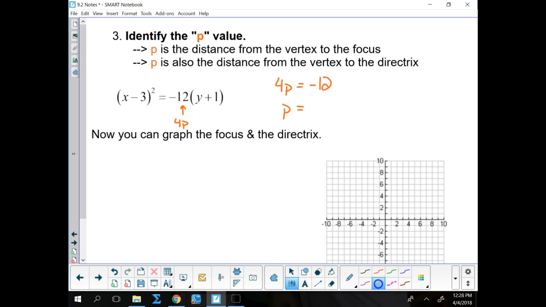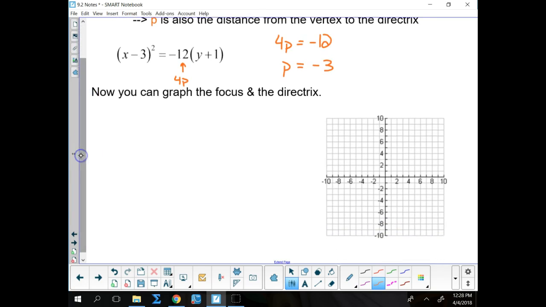Technically it's negative 3, but p is a distance, right? So it's just 3. Okay? We can write it as negative 3. I don't care about that. But when we put it on the graph, we're going to use it as a distance. So then it's going to be a distance of 3, so it's positive 3. Okay?